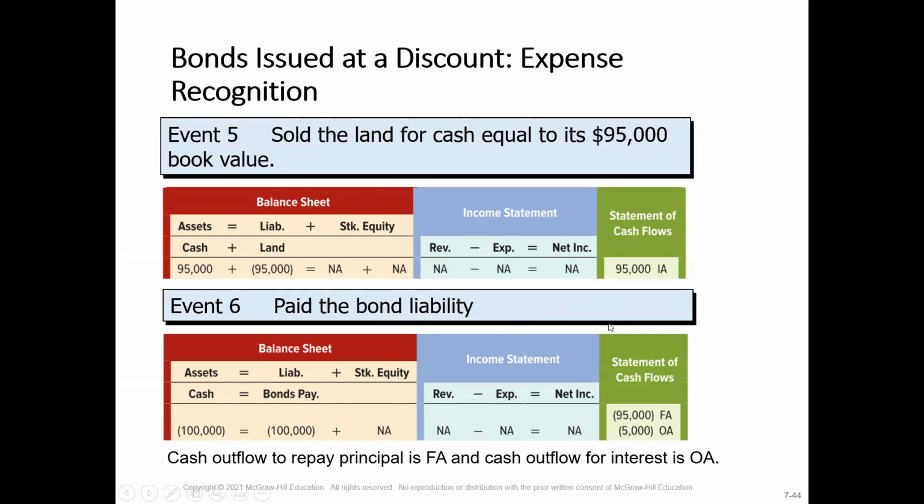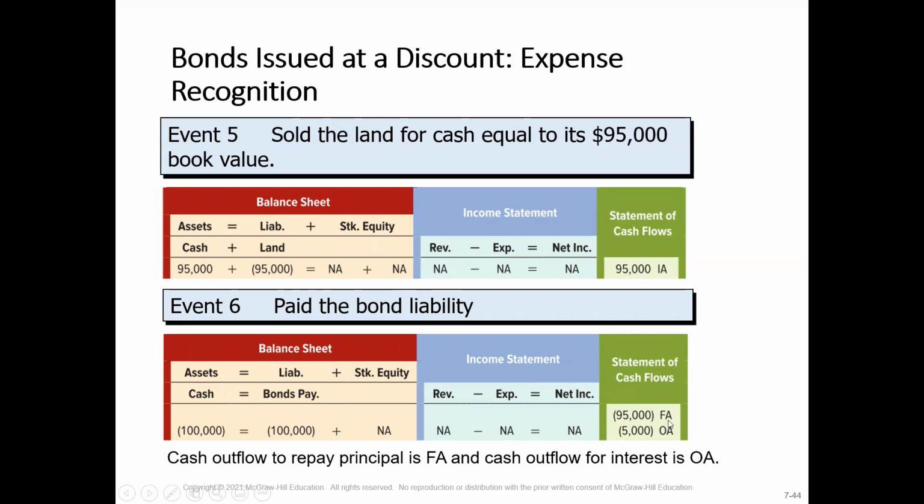The bond issuer has been amortizing that additional amount all along with the payment of interest. So by year 5, our discount on bonds payable will be 0. And our liability for bonds payable would be $100,000. So we would expend $100,000 cash for $100,000 of bonds liability.